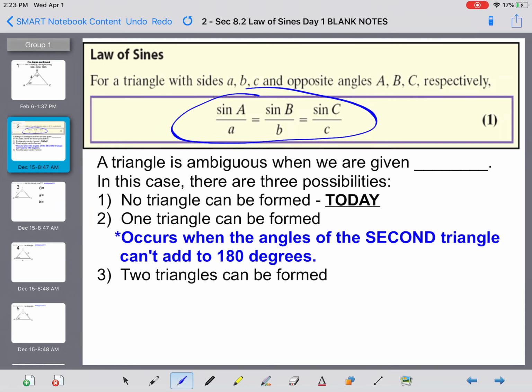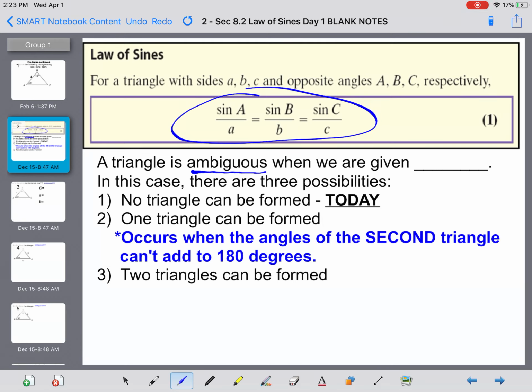Law of sines does work for right triangles, but if I have a right triangle, I'm using sines, cosines, and tangents, and I'm using the Pythagorean theorem. Those are just easier. So I would reserve law of sines for anything that's not a right triangle. The trickiest part with law of sines is we have to watch out for these ambiguous cases.